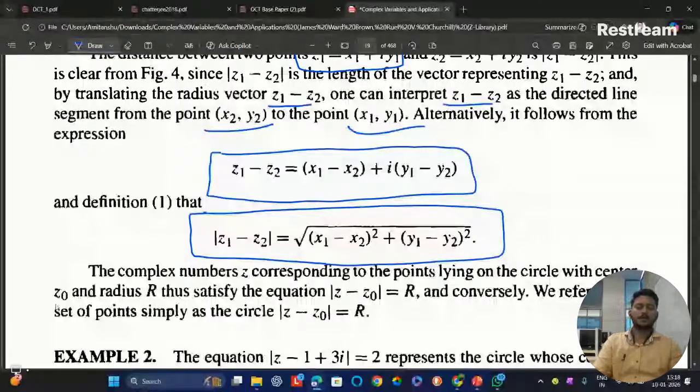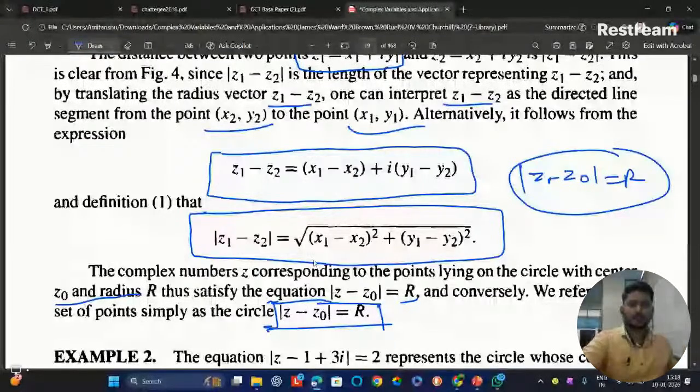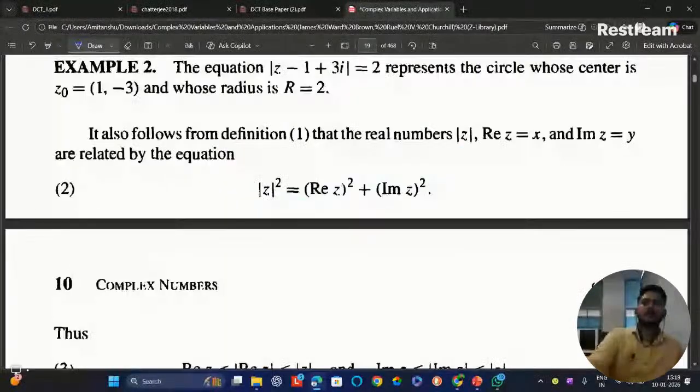So you must learn Z1 minus Z2 equal to R, and how to find this you may see in the problem. Now come to the next example. Okay, so you understand this.